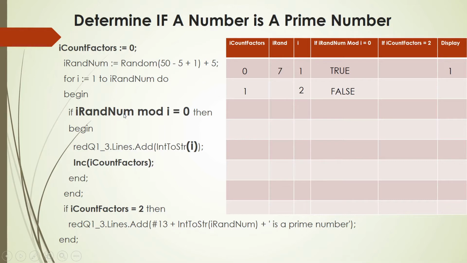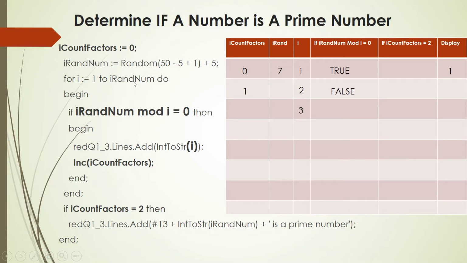So if my remainder is not 0, it means that 2 is not a factor of 7. If it is not a factor of 7 and this condition is false, I do not execute statements inside my if. I hit the end of my if statement and I now becomes 3.